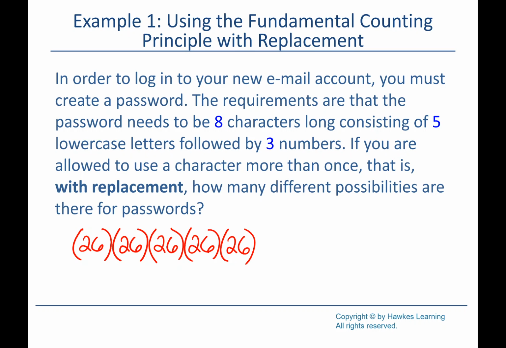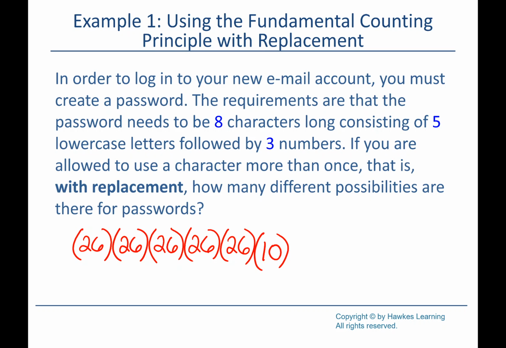For our next character, we need to pick a number. So since we're doing single digits, how many choices do we have for a number? How many digits do we have? We got 1 through 9 and 0, so we've got 10. 10 choices there.